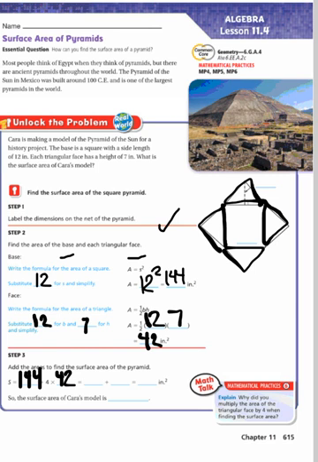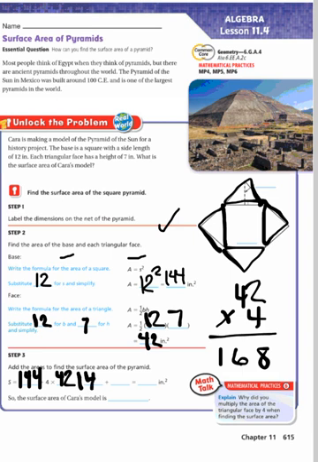So 42 times 4: 4 times 2 is 8, and 4 times 4 is 16. So you're going to have 144 here, because we're just bringing this over, plus 168 here. We're getting 144 because that is the surface area of the base, and then 42 here, here, here, and here, which would be 168.